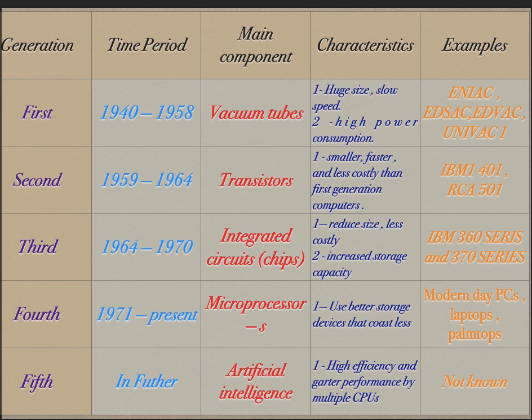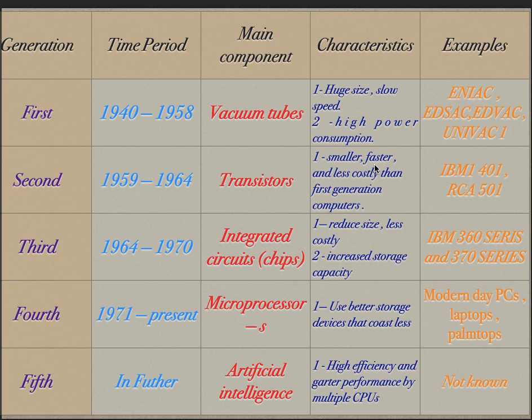The second generation is transistors, and the time period of this is 1959 up to 1964. Let's check the characteristics of this computer. As I have told you, it is a little bit smaller, so it doesn't occupy the whole room.